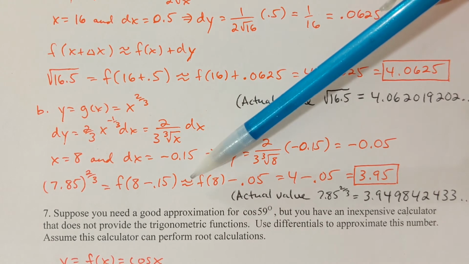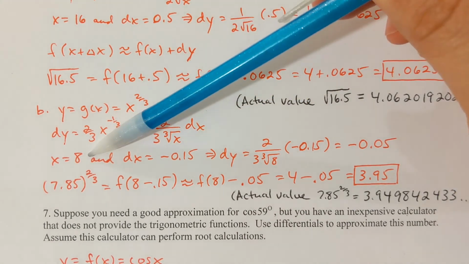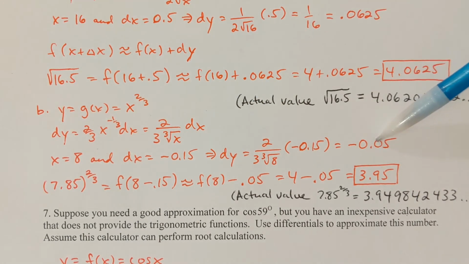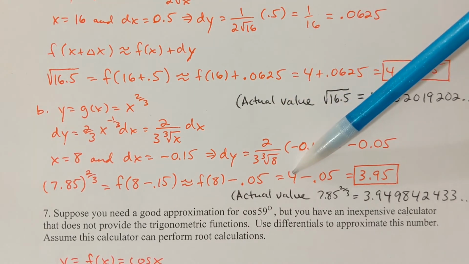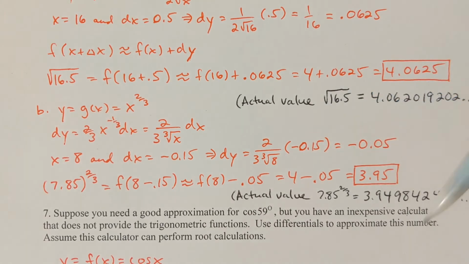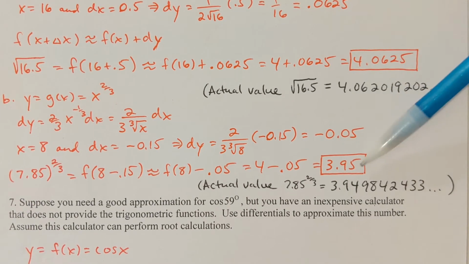So that number is going to be approximately equal to f of x plus dy. x is 8, so I need f of 8 plus dy. dy is negative 0.05. f of 8 is 4, since 8 to the 2/3 is 4. 4 minus 0.05 is 3.95.